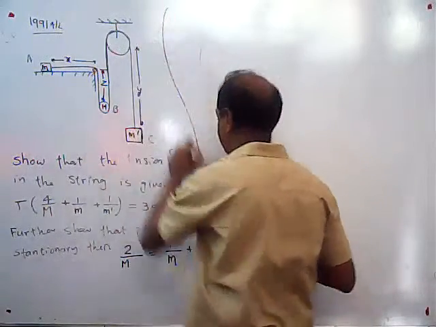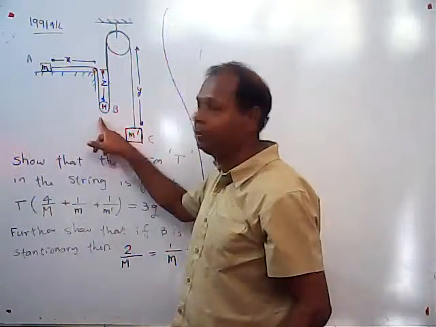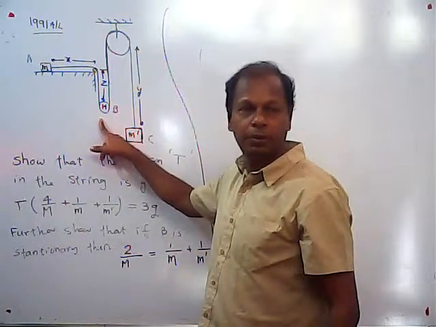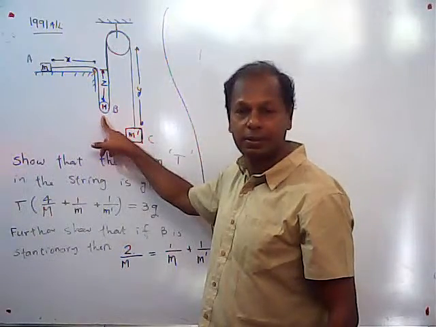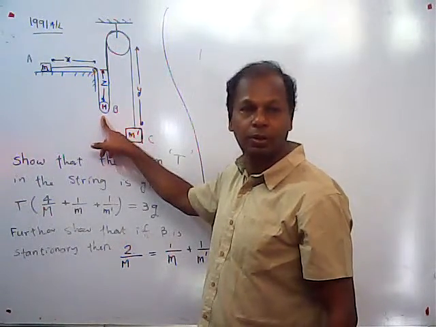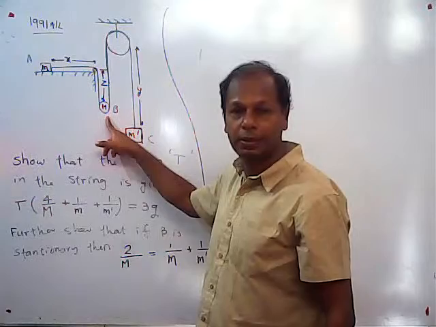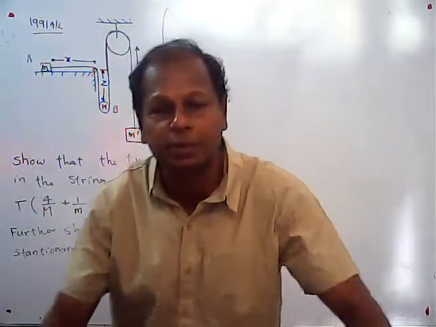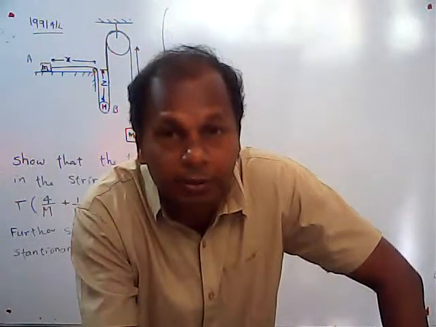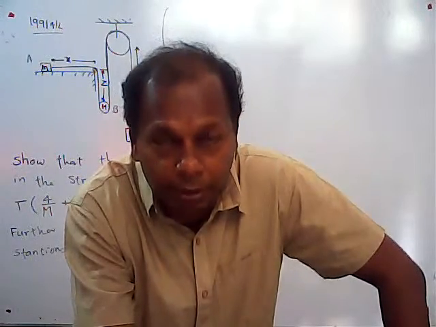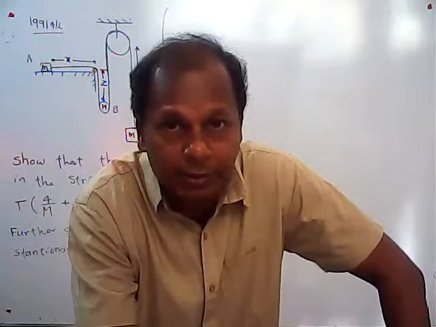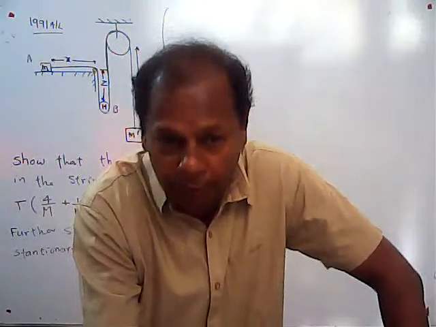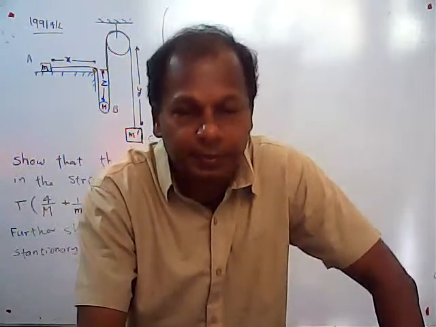Then here you see a moving pulley in a loop, right? As soon as you see that, you know that you have to get one equation by differentiation. So better you start by that. First get the equation that you get by differentiation.